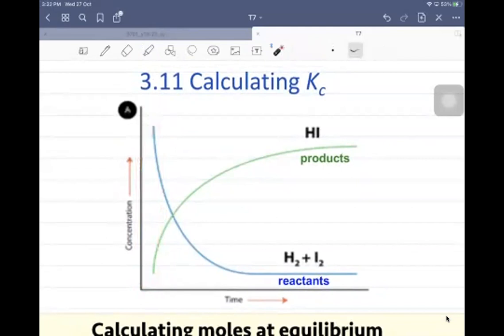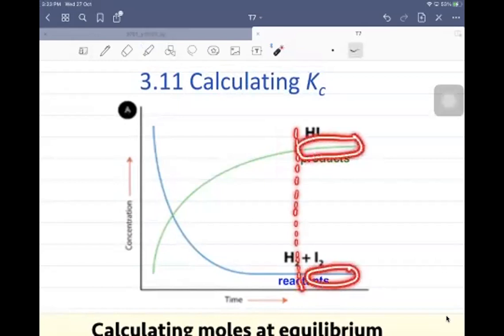They are still adjusting until up to a point where it reaches a constant concentration for the reactants and products. That's when equilibrium happens. So you can see the value of your concentration at equilibrium is the one that I'm highlighting now. For reactants, it's different. And for products, it's a different number as well.